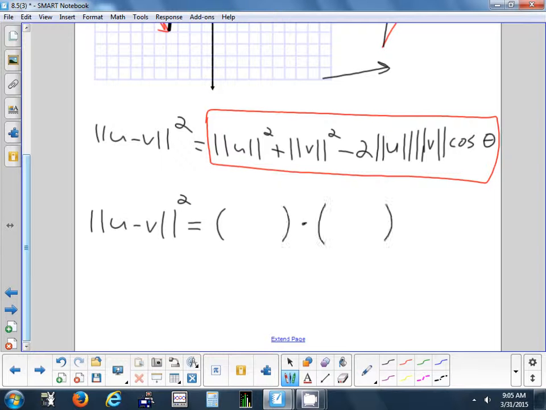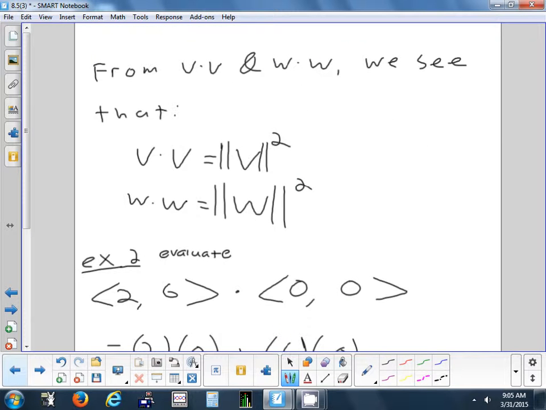Remember the formula says that whatever vector is inside those double bars, that's what you use for the dot product. If it's a V, it's V dot V. If it's a W, it's W dot W. If it's a triangle, it's triangle dot triangle. Whatever's in there, that's what you put as the dot product.